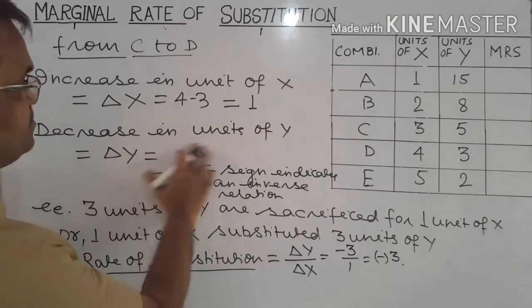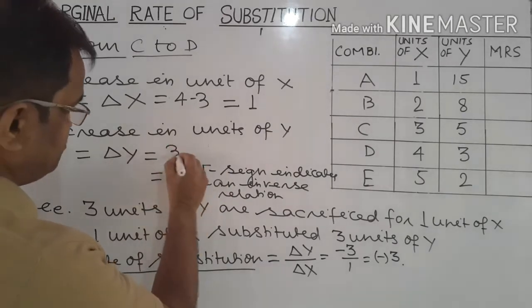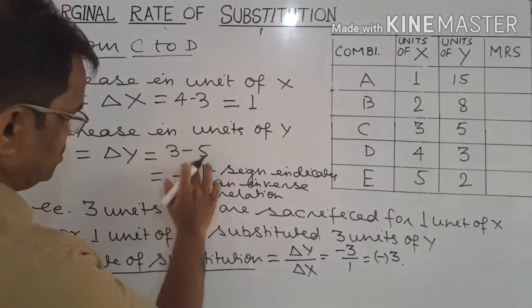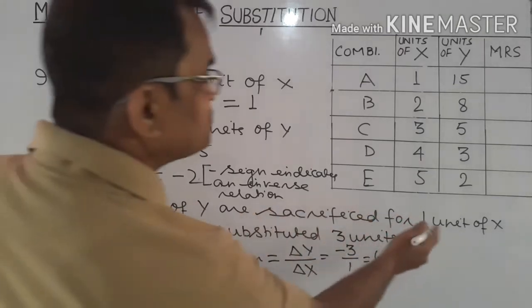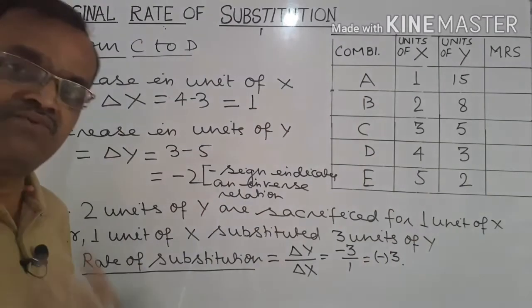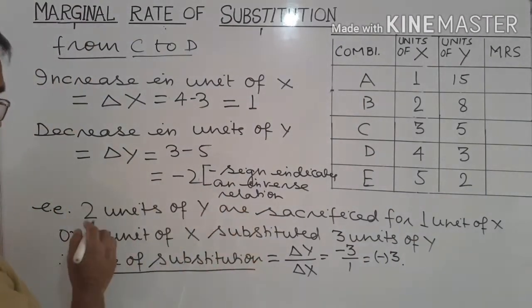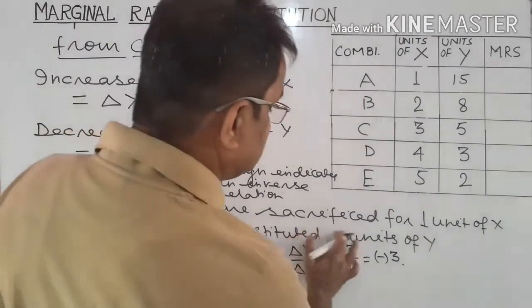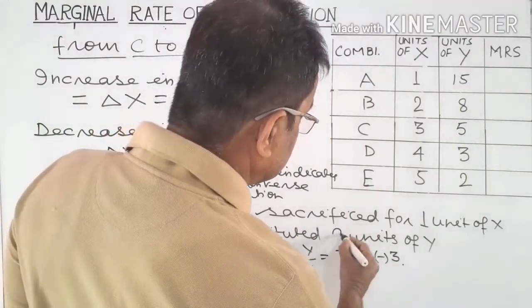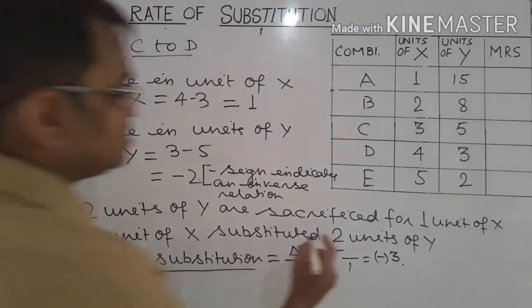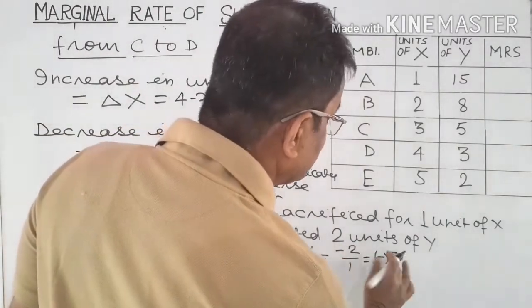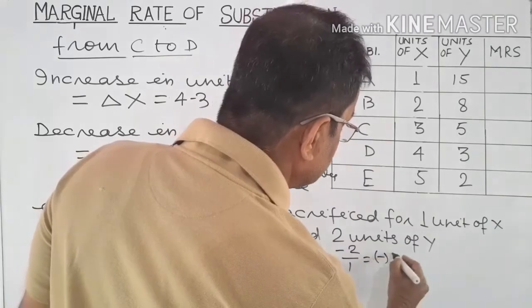This is 3 minus 5, that is 2, means minus 2, means 2 units of commodity y now are sacrificed for again the same 1 unit of commodity x, means 1 unit of x substituted only 2 units of y, and thus the rate of substitution is equal to minus 2 by 1, that is minus 2.